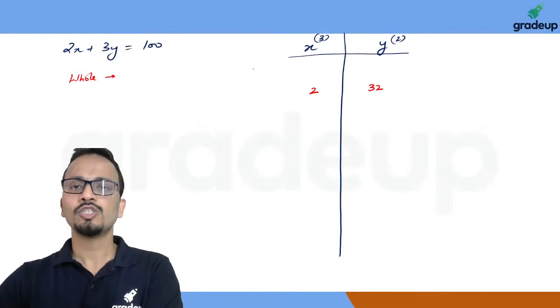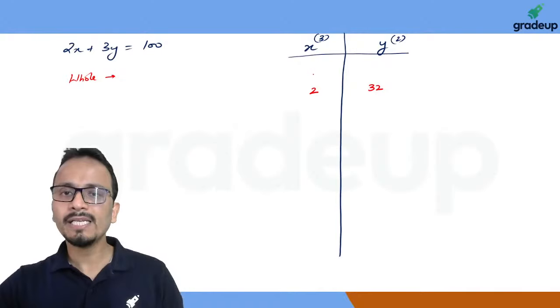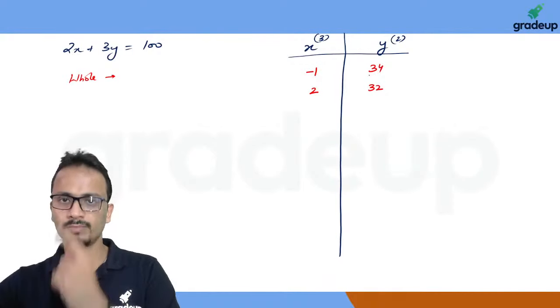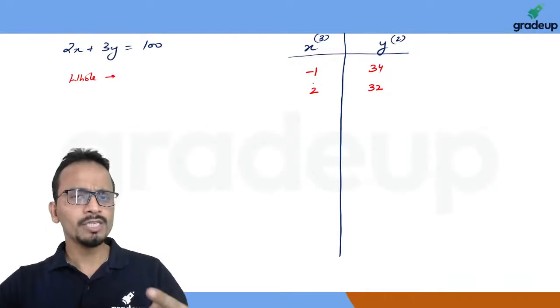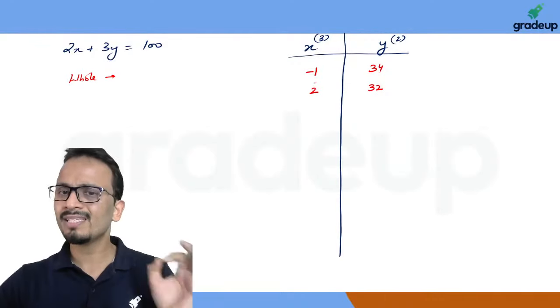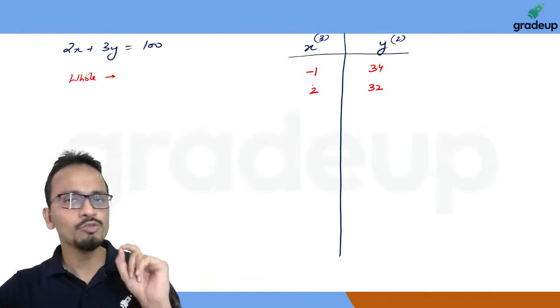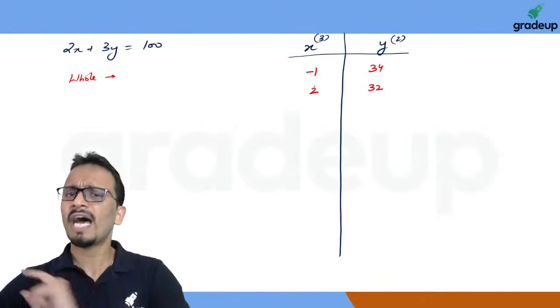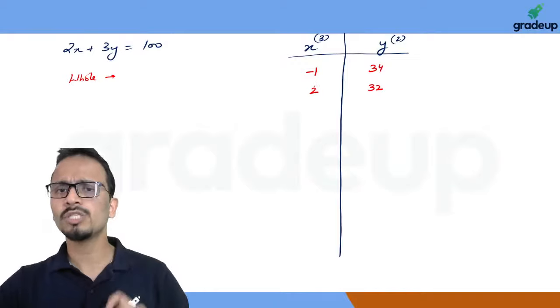If I decrease the value of x by 3, x will become -1 and the value of y will become 34. Beyond this, if I go further in the same direction, the values of x will be negative. Since the values of x are negative, I will not consider those solutions.